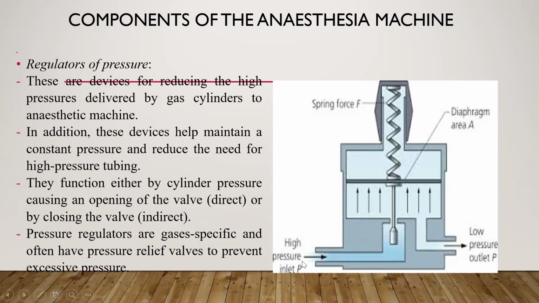This is the high pressure that comes from the pipeline or the gas cylinders. When this happens, the diaphragm opens, they have this spring system, and it causes a mechanism that leads to venting of excessive gases, and you have low pressure that is delivered to your intermediate or low pressure system.